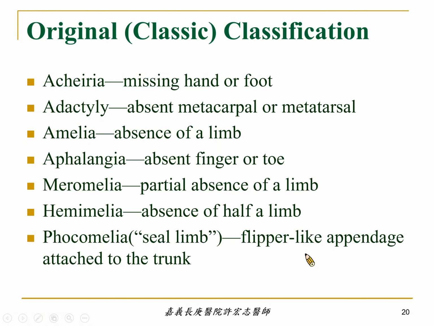if you see a seal, you notice what is the character of the seal limb? The short limb, including webs, WEBS, 那个蹼. If you see some children or newborns with limbs with webs nowadays, we also call that phocomelia, okay? 就是说 let me explain in Mandarin again.